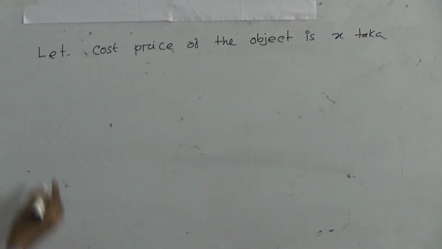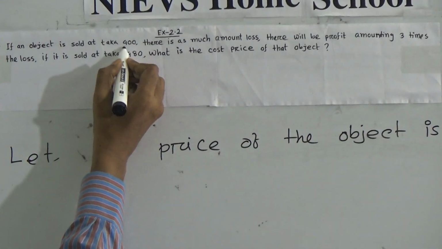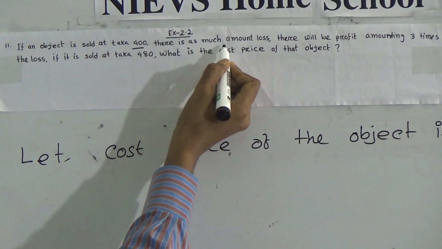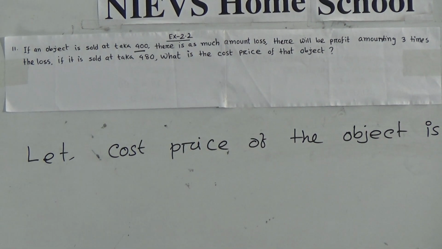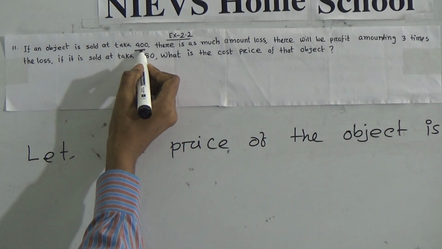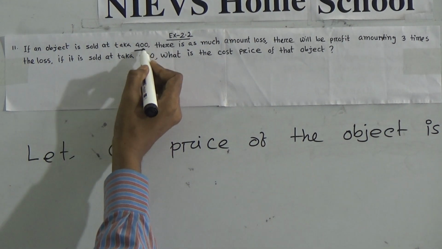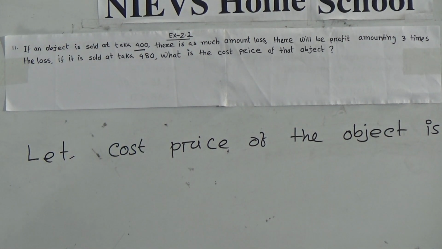Now, see the question properly. If an object is sold at taka 400, there is as much amount of loss. That means if you sold the product for 400 taka, then some amount will be the loss.